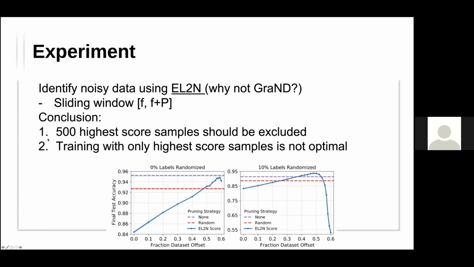And their conclusion is that the 500 highest score samples should be excluded from training, because in the left diagram you see there's a drop when we increase the fraction data offset. So that means the highest score samples might be hard samples. Sorry, I didn't get the point.